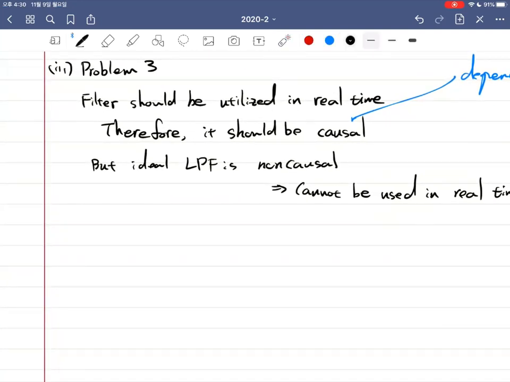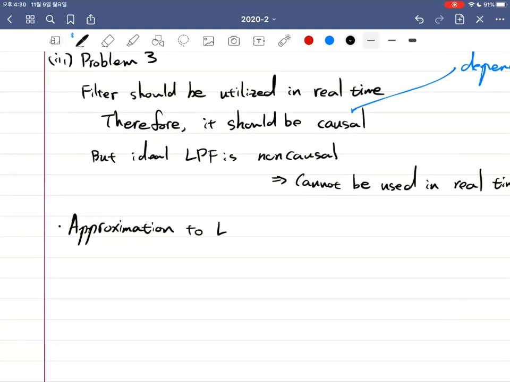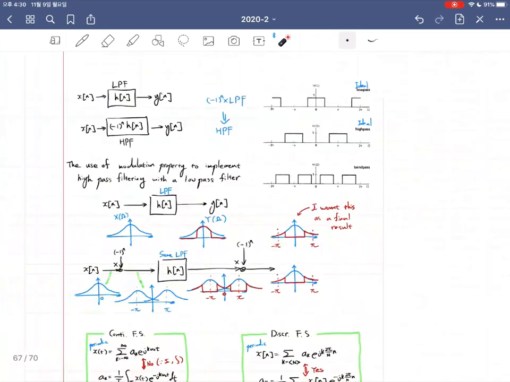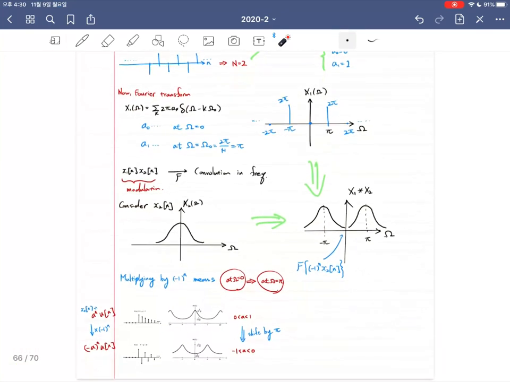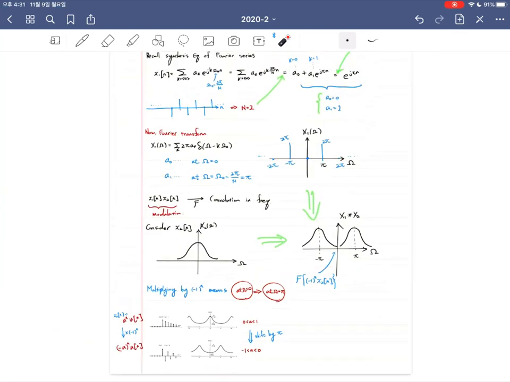So we are going to adopt the model of the approximation to this ideal LPF, such as the thing that we saw with the previous example, like this. I told you that in this example we have the approximated version of the LPF for the upper one and the approximated high pass filter for the bottom one, right?